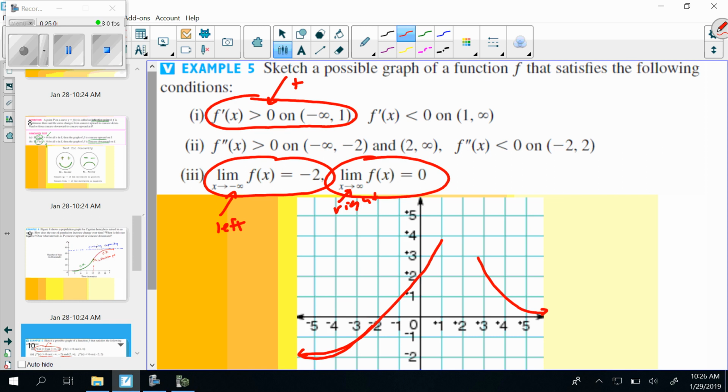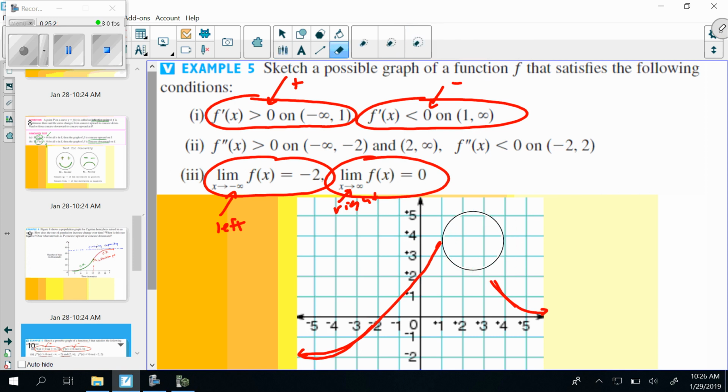At positive 1, though, our slope is going to be less than 0, or a negative number, from 1 to infinity. So there's probably going to be some kind of maximum at 1, and then it starts decreasing here. So we want to show on my graph, maybe fix a little bit, that at 1 there's going to be a maximum. All right. So now our graph has all those.